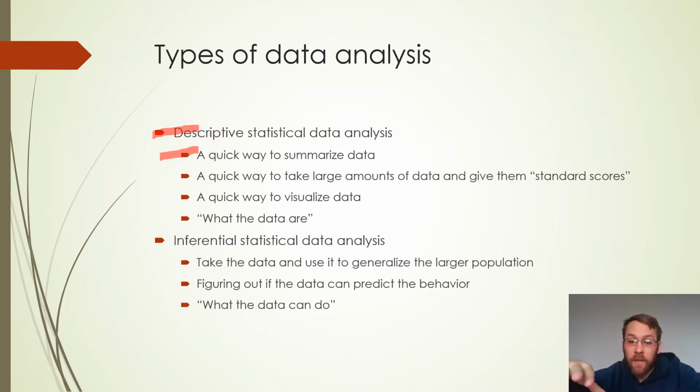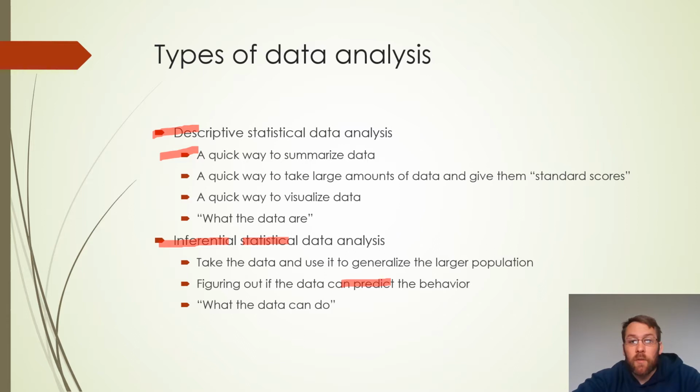You're going to calculate how many points they put up every game, and then you're going to say, okay, the average rookie this year scored 7 points per game. All right, that's the descriptive analysis. All right, you have a population and you want to figure out what the average numbers are for people within that population.